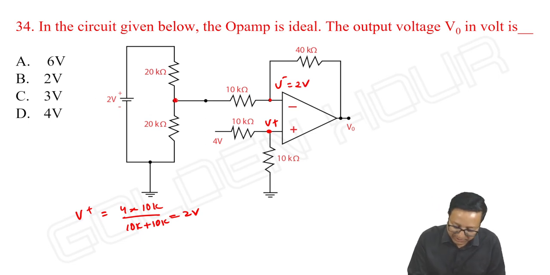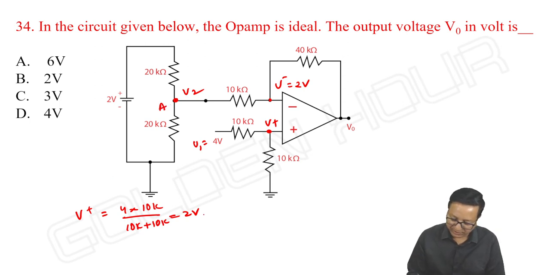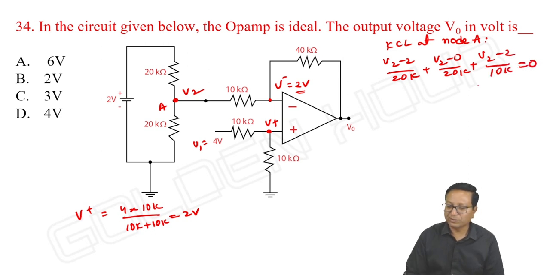Then I can calculate this voltage. So let me take this as V2 and this as V1. How to find V2? Already we did this kind of problem earlier also. So let me take this as node A. KCL at node A: V2 minus 2 by 20k plus V2 minus 0 by 20k plus V2 minus 2 by 10k is equal to 0.